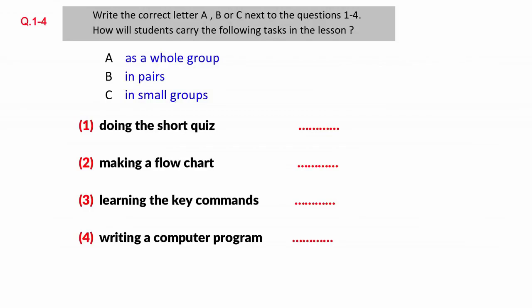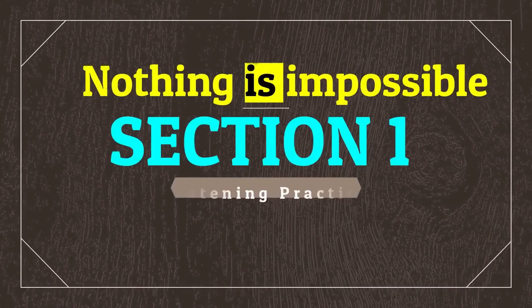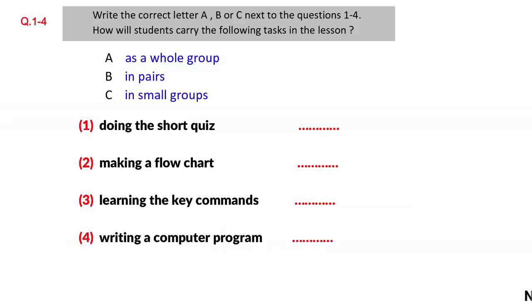The test is in 4 parts, Part 1, Part 2, Part 3, and Part 4. Now look at Part 1. Part 1. You'll hear 2 university students planning a computer programming lesson.